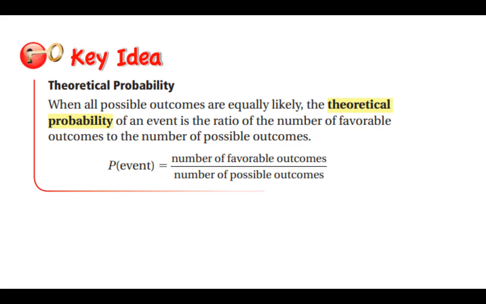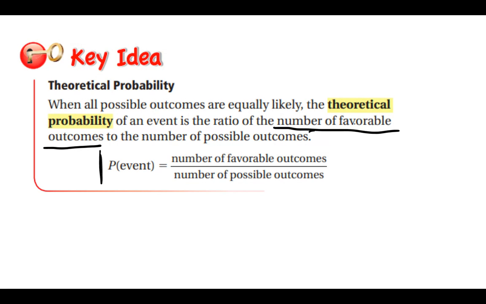The next idea of this section is theoretical probability. Theoretical probability is when all possible outcomes are equally likely. The theoretical probability of an event is the ratio of the number of favorable outcomes to the number of possible outcomes. This is a little different language: favorable outcomes is how many times it could happen, and possible outcomes is out of how many times it could happen.